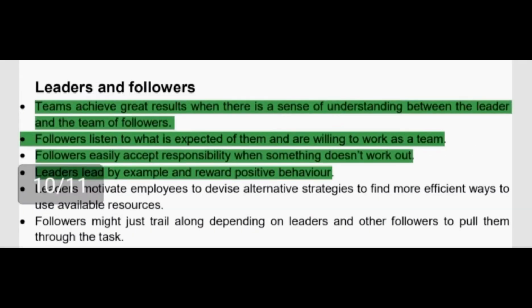Then we move forward to leadership and followers. What is leadership and followers? Teams achieve great results when there is a sense of understanding between the leader and the team or followers.